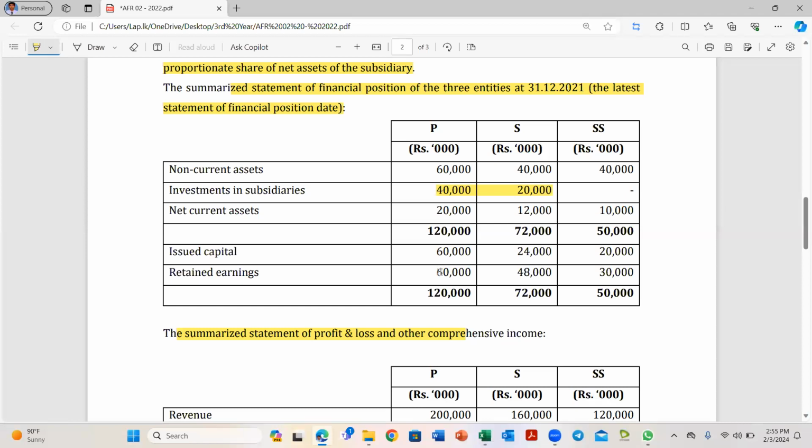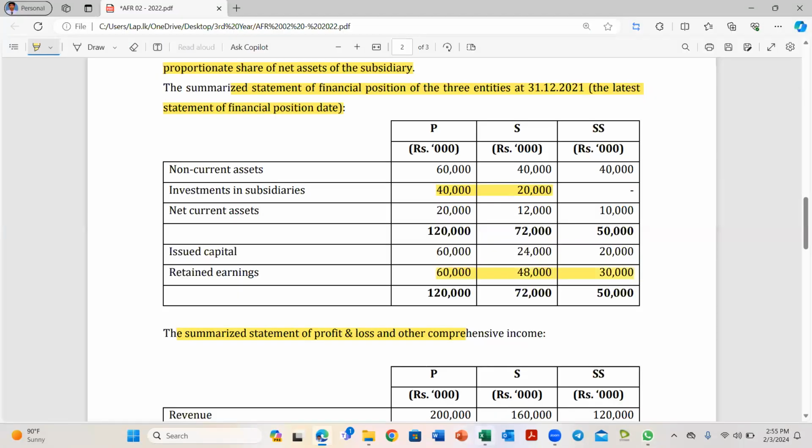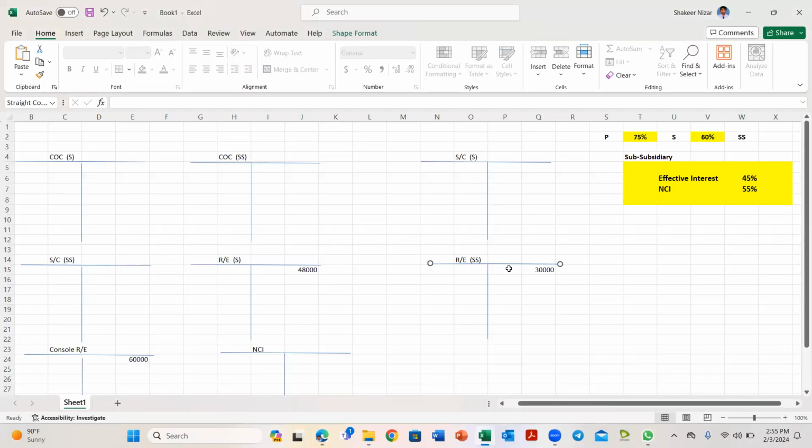Here you can see 48,000 for the subsidiary, and again 30,000, I think, isn't it? Right, that is the opening brought forward balances. So I think that is clear to you all. 48,000, 30,000, and 60,000.